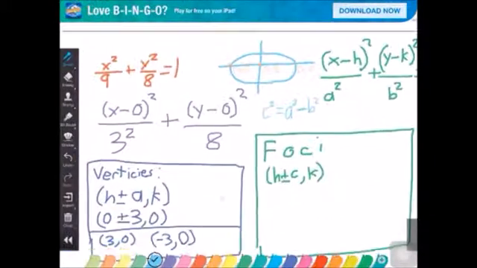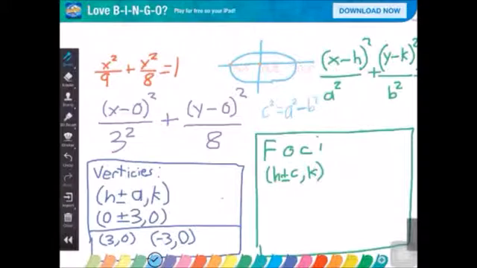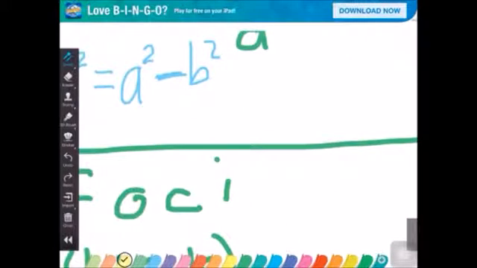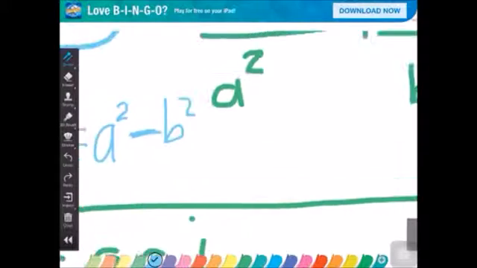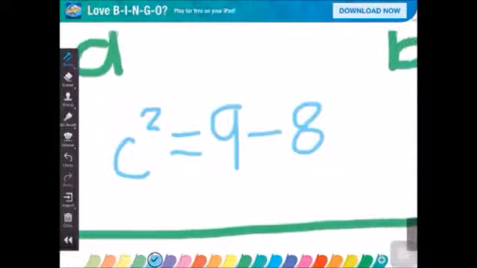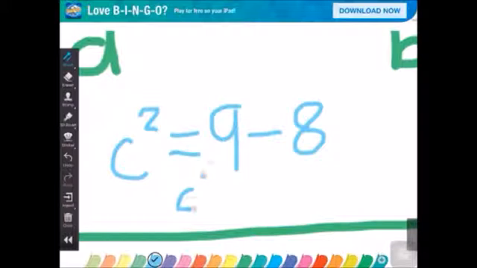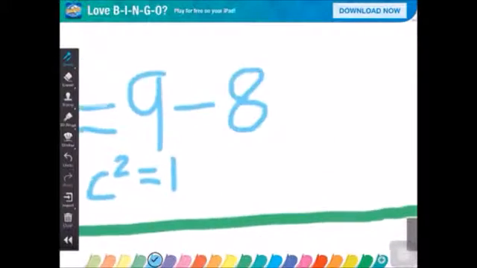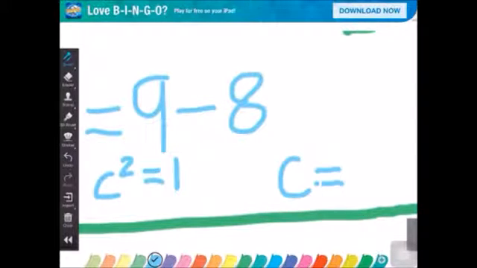So now we plug in our a squared and b squared values, which we can see are 9 and 8. We get c squared equals 9 minus 8, which is pretty easy math. We get c squared equals 1, and if we take the square root of both sides, we get c equals 1.